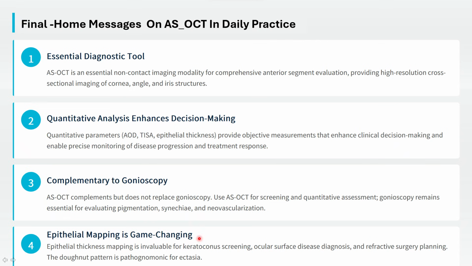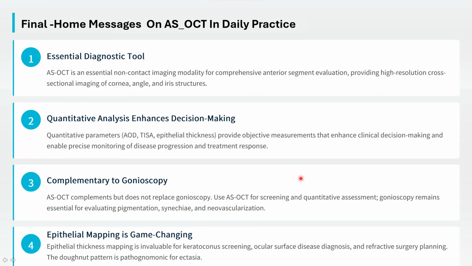So before I finish this lecture, the final take-home message to you is that both the Pentacam and the OCT are essential diagnostic tools, and it is better to use them in synergism with each other to fill the gap present in any aspect of one of them. The anterior segment OCT forms the basis for any quantitative non-invasive assessment of the anterior segment.